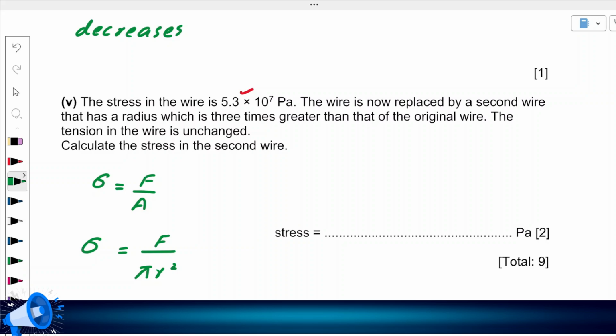Now you need to compare the two stresses. So you can write this expression as, and you say this thing is given over here. The tension in the wire remains unchanged. So the force remains same.